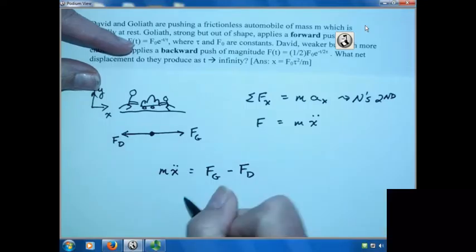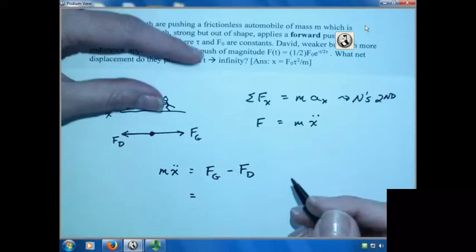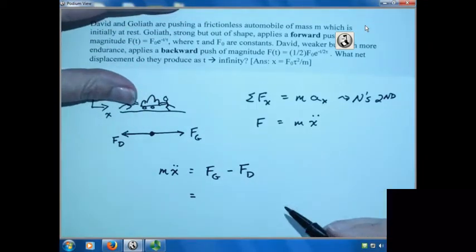All right. Now, both of these forces depend on time. They don't depend on location, which is a little bit friendly to start with. But they do depend on time. So now I'm ready to plug in for these forces' magnitudes in terms of time.